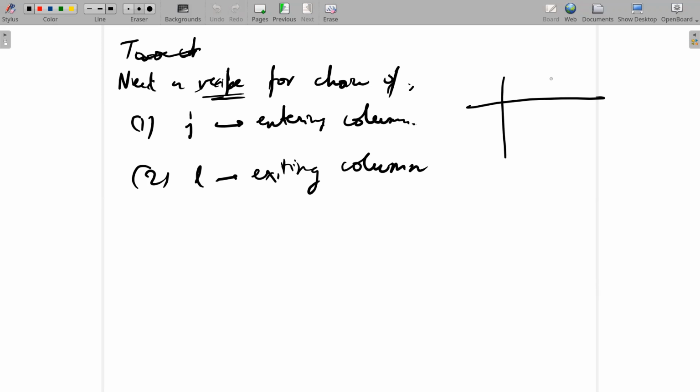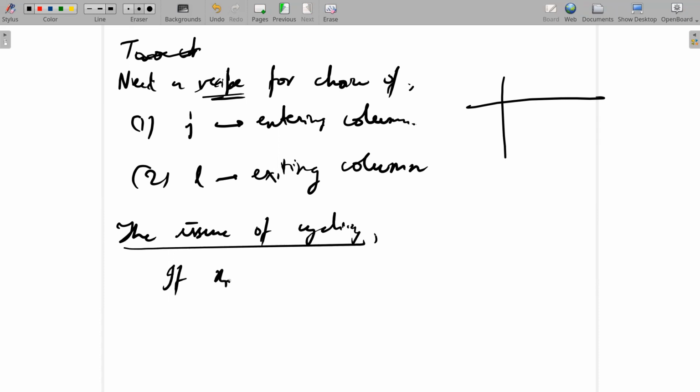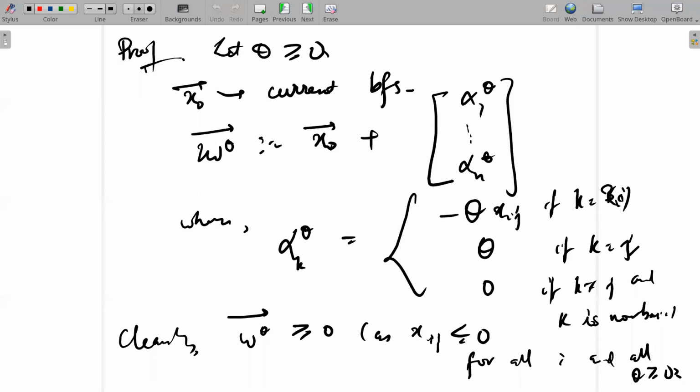And then there is another issue, the issue of cycling. If xi0 is equal to 0, even for a non-basic column, that means it's a degenerate kind of basic feasible solution. What happens to this expression?